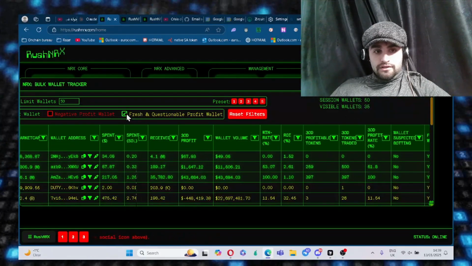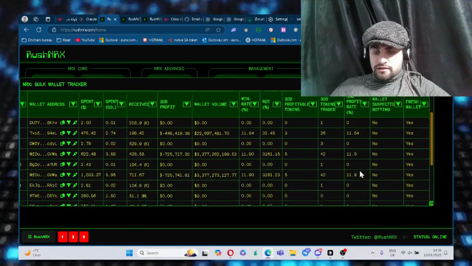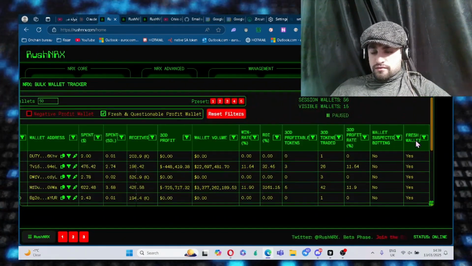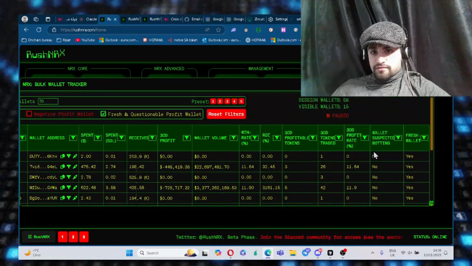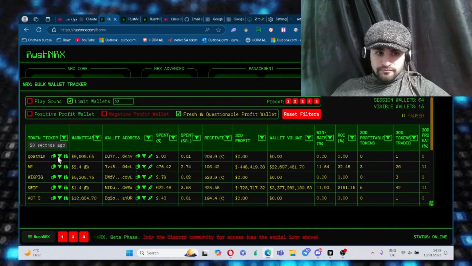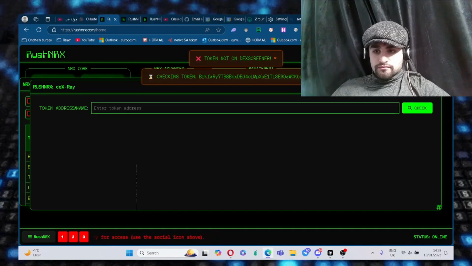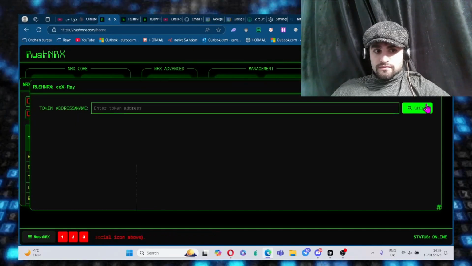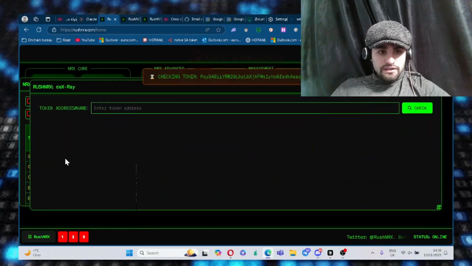Now, what if I only check for fresh and questionable profit wallets? All of them say suspected of botting. Hmm. Okay, so here we can check this token.